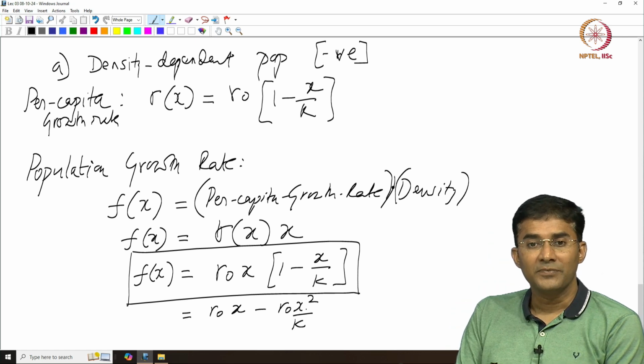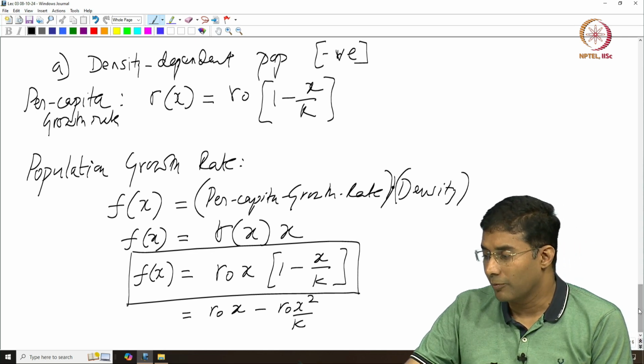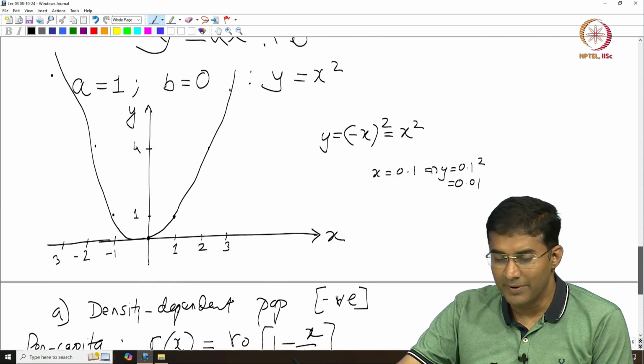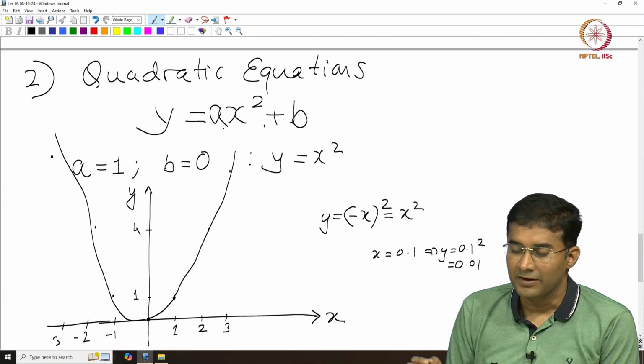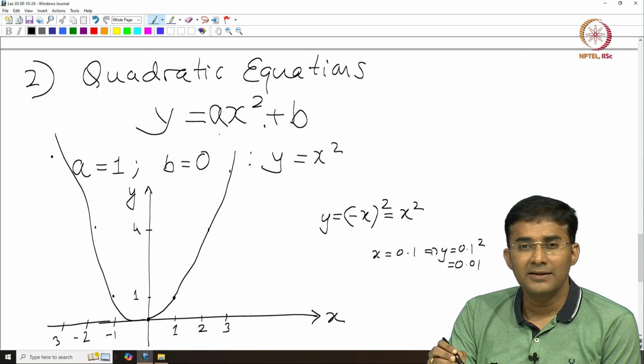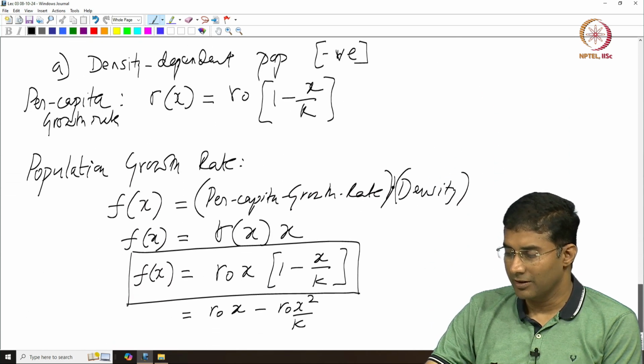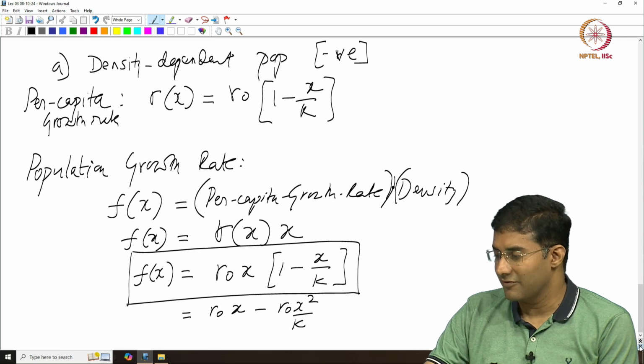So, here you see that we have a quadratic term in the equation for the population growth rate. If I were to compare this with the general form here, this is same as saying that I have a positive constant, but a negative coefficient for the x square. Okay. Now, let us try to plot this equation.